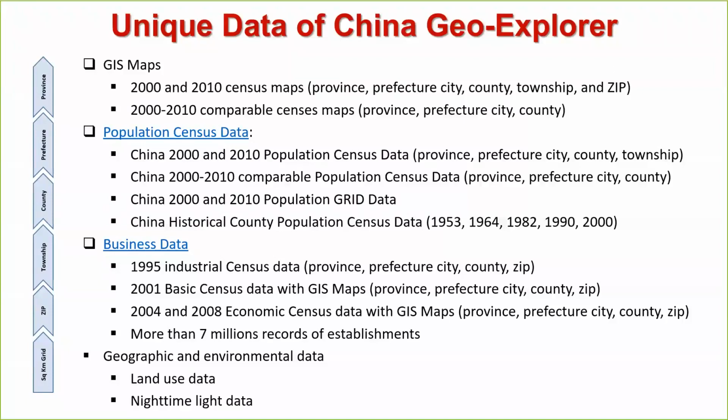And the base data provide more than 7 million records of establishments, which we call firm-level, including manufacturing and also service sectors. So basically it covers all establishments with a legal status.